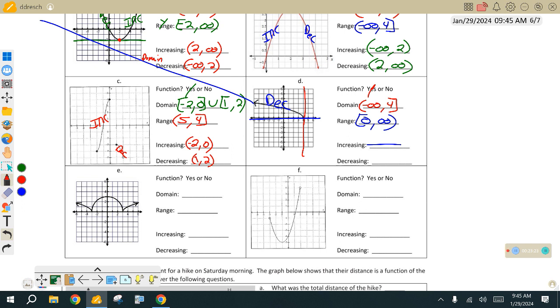So it occasionally happens where we have one and not the other. Sometimes we have both. So tell me where it's decreasing from left to right. It's always coming from the domain. It's decreasing from what to what? -infinity to 4. If you use a bracket, that's fine, but typically we'd say a parenthesis.